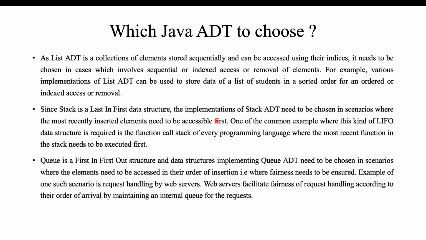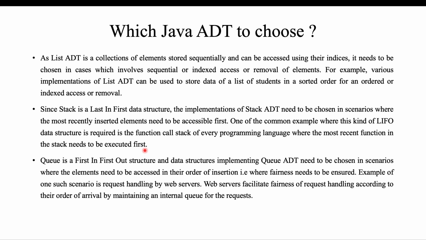Okay, so one of the very common examples is the function call stack of every programming language, where the most recent function in the stack needs to be executed first.